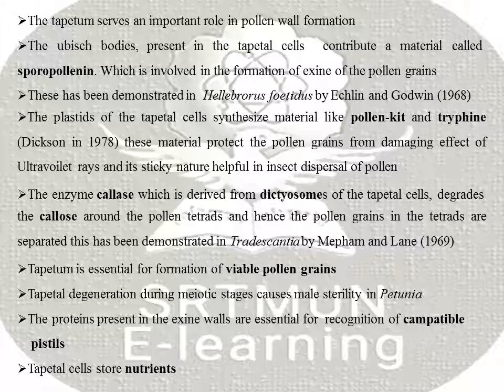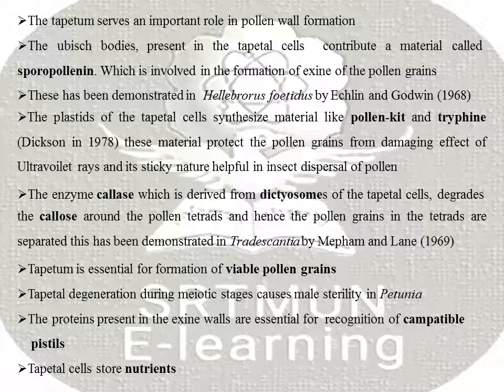The Ubisch bodies present in the tapetal cells contribute a considerable amount of material called sporopollenin, which is involved in the formation of exine of the pollen grains. This has been demonstrated in Helobiales, Fabales, by Echlin and Godwin 1968.